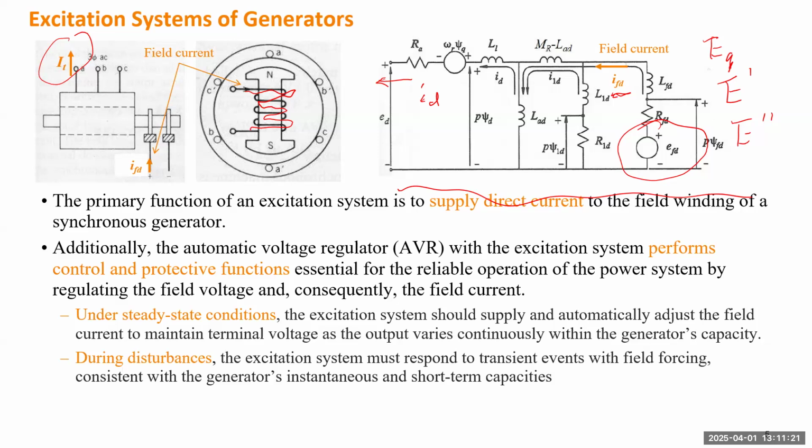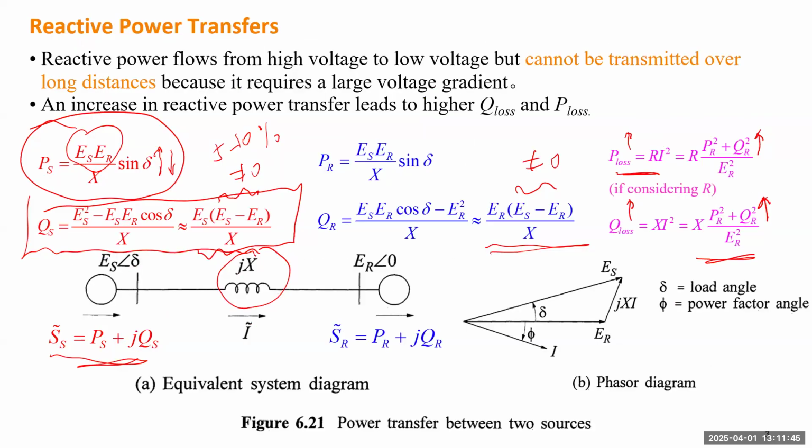When we move to the stability sections, we'll introduce some cases in which we need an excitation system to enhance the stability of the system. The very simple reason why the excitation control system is very critical for stability is that we need to go back to this formula.